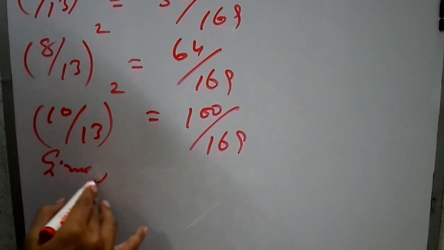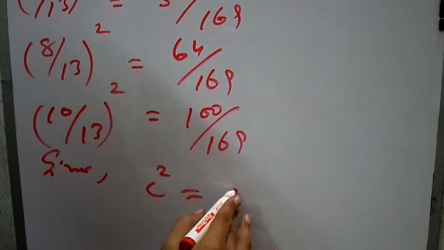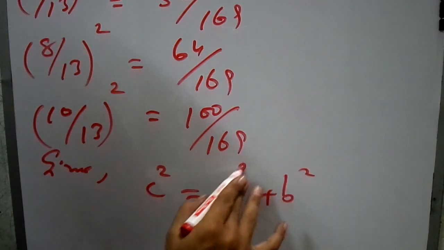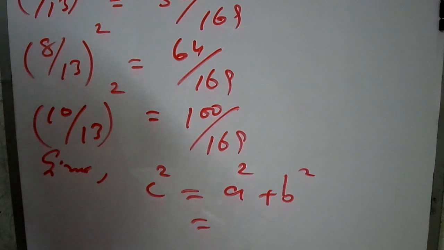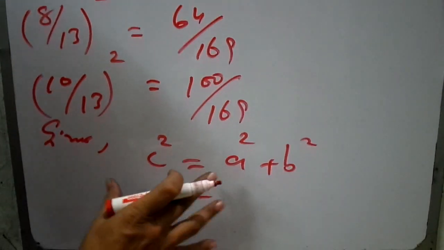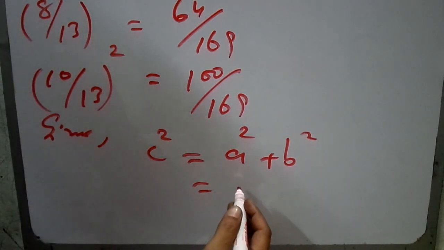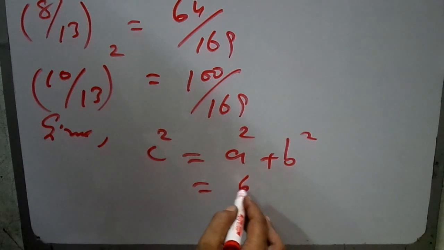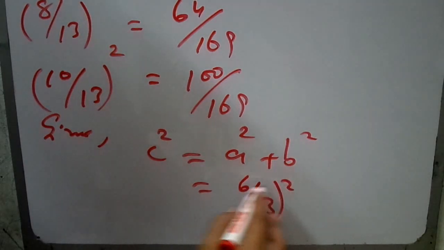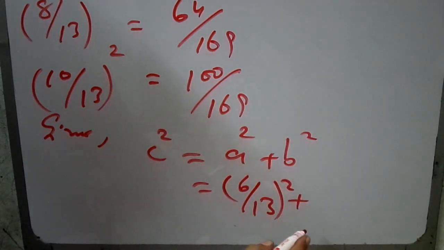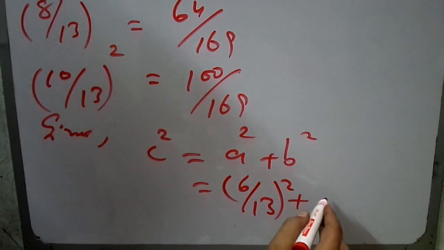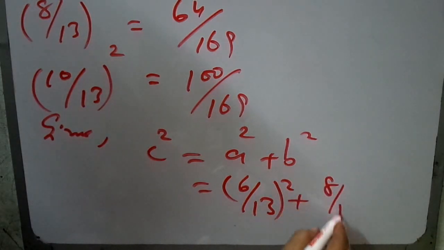Since by Pythagoras theorem c square is equal to a square plus b square, putting the values in such a way that left hand side is equal to right hand side, I am going to put here 36, that is 6 by 13 square, plus 64, that is 8 by 13 square.